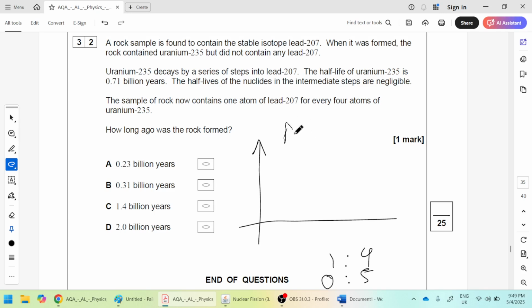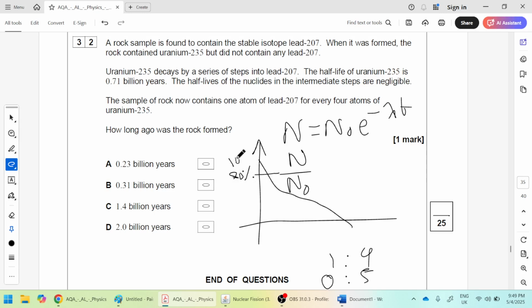So looking at the equation, N equals N naught e to the power minus lambda t, N over N naught, looking at the curve here, 100%, decrease by 20%. So N over N naught is going to be 0.8.